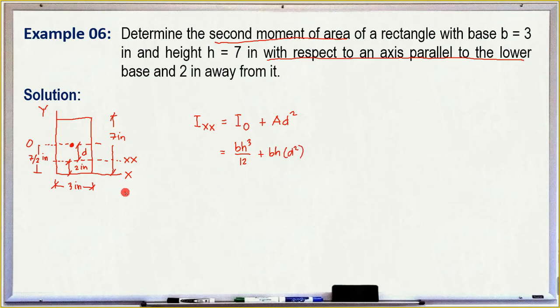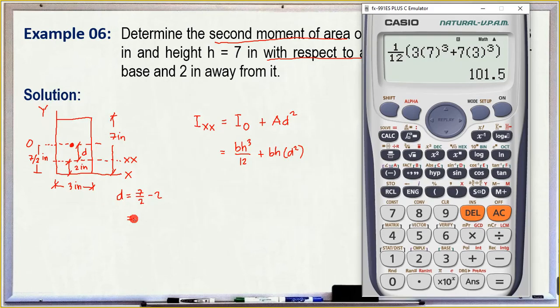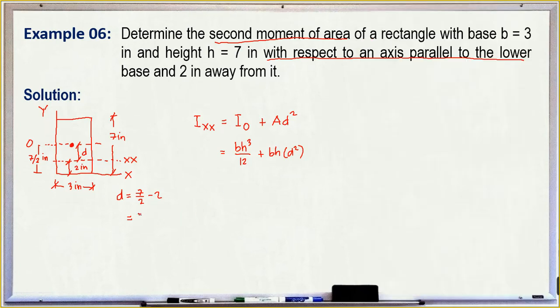Now our D here is 7 divided by 2 minus 2. Okay, so using the calculator, 7 divided by 2 minus 2, that is 3 halves or 1.5. So 1.5 inches.